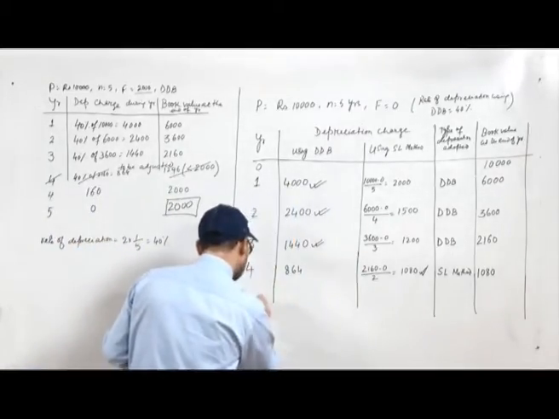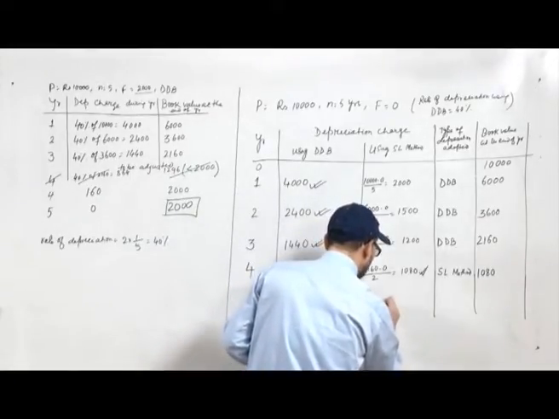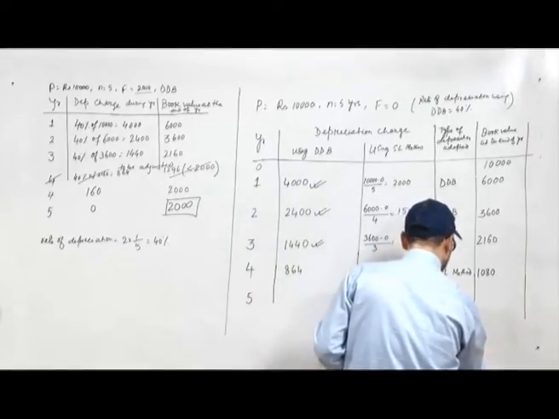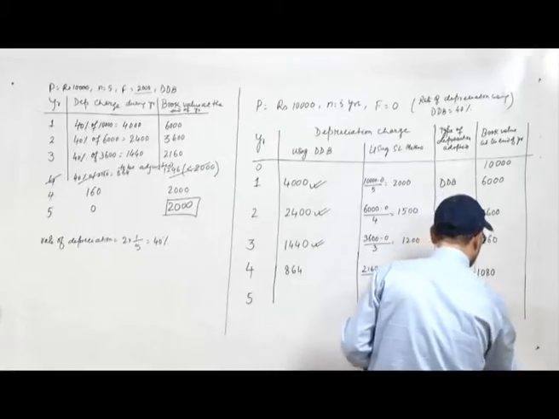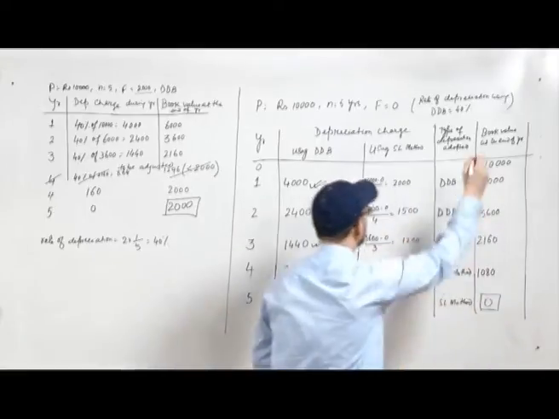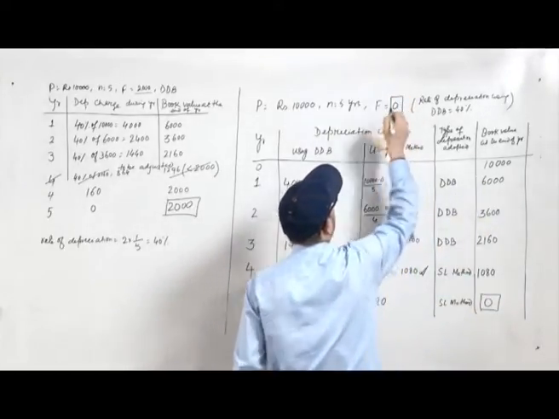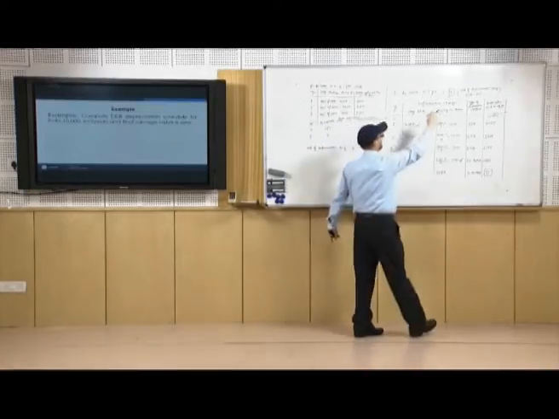We have only 1 year left. In that year we have 1,080 as the depreciation charge, and finally we will use the straight line method and we will have the book value as 0. So, basically we achieve the book value of 0 at the end of the 5th year, that is your salvage value.